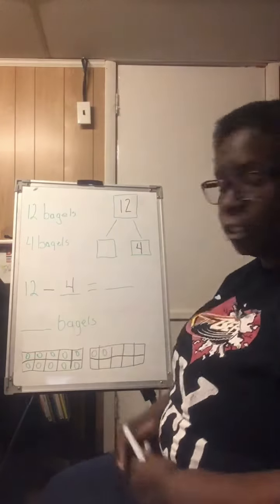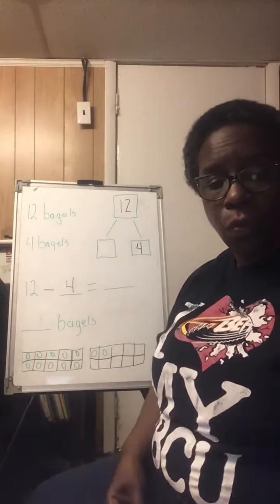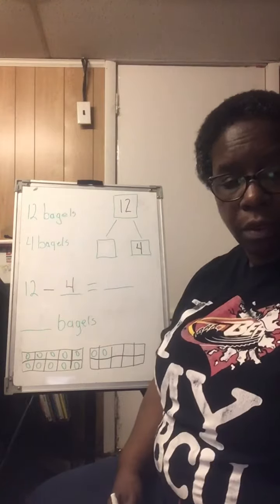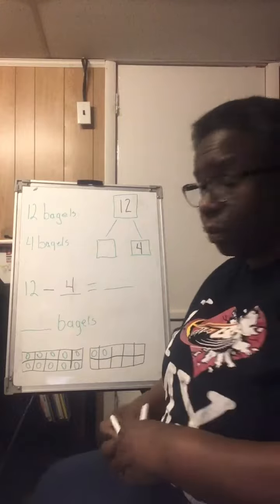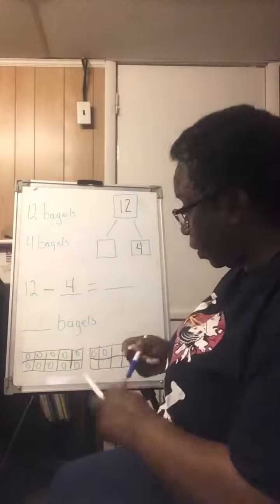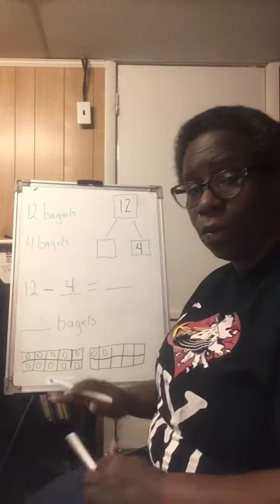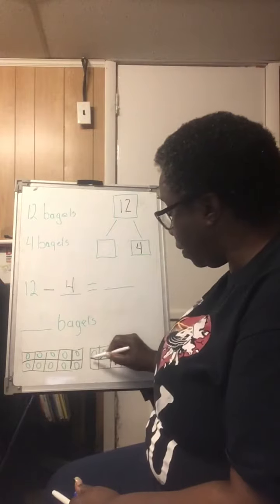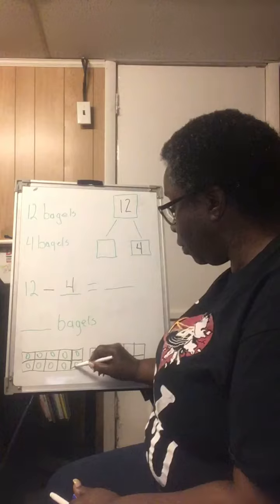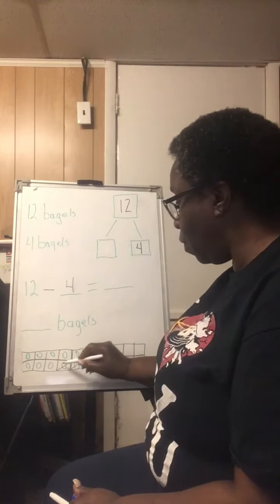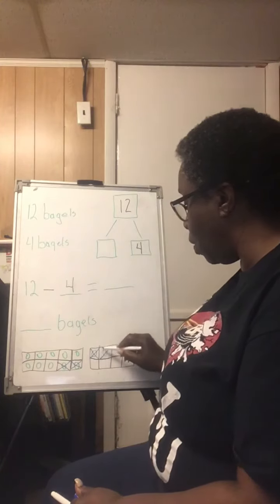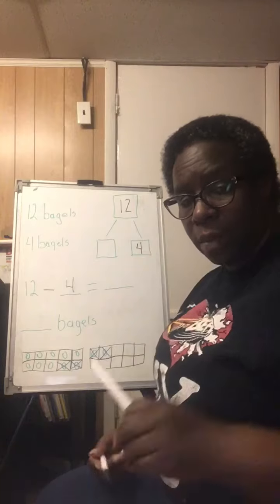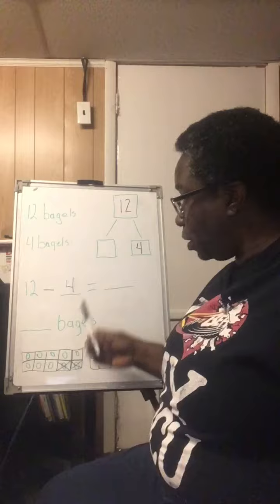So this is going to be adding these two to get this. So 12 minus 4, so that means we're going to mark out 4 of our green bagels. Ready? Let's mark out because you're taking away from. You're not adding to, you're pulling away from. 1, 2, 3, 4. We took away 4 green bagels, because somebody ate all the bagels except for those 4.